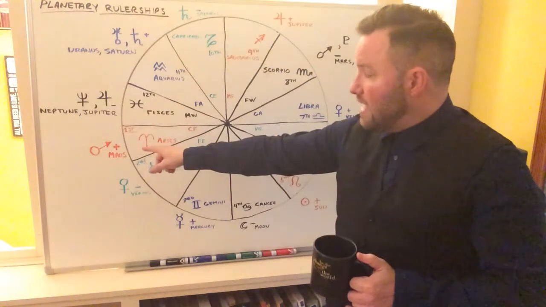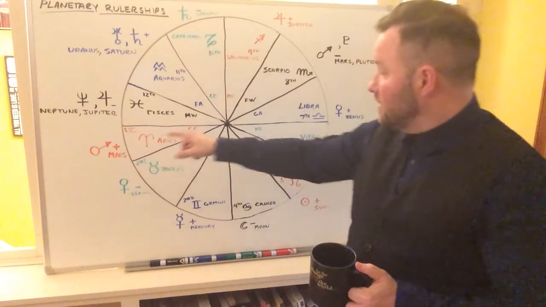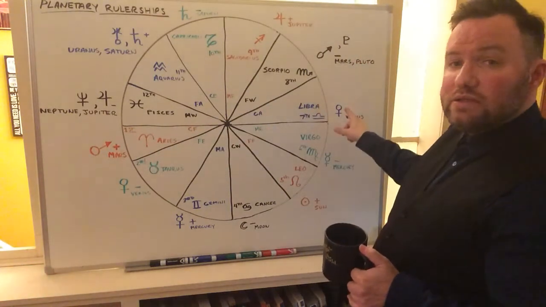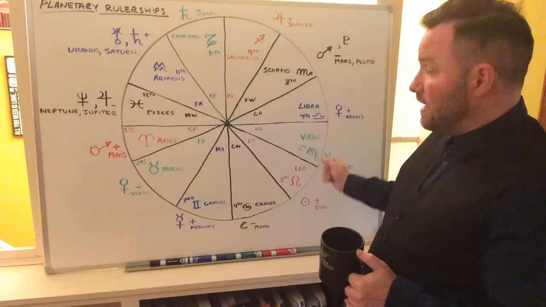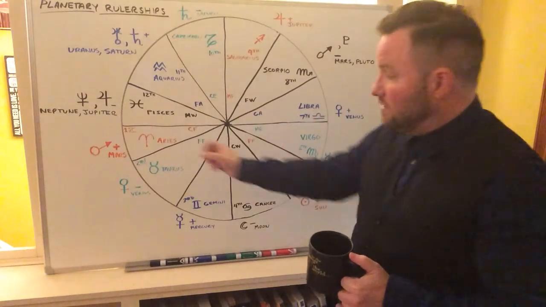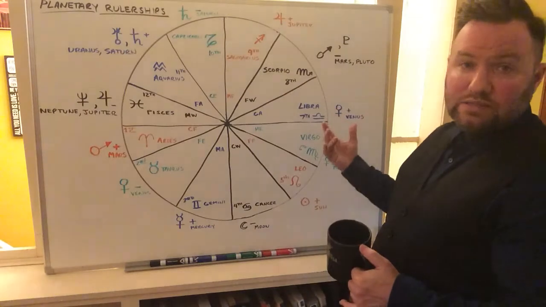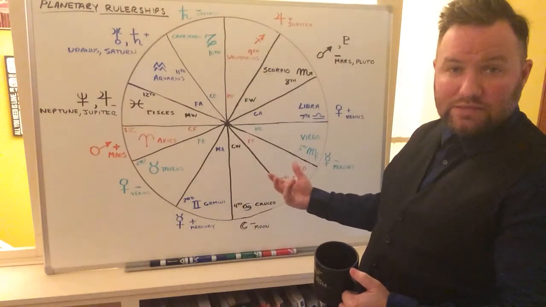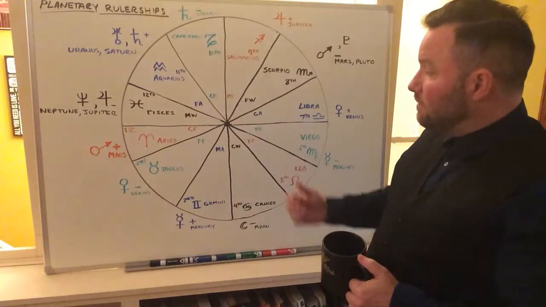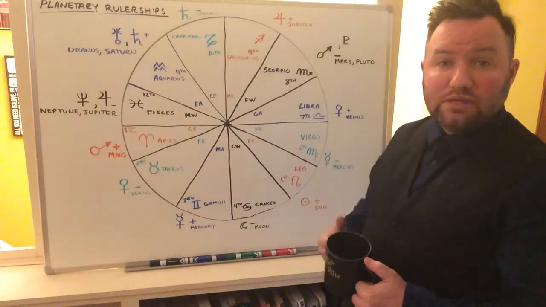So right over here we have Mars ruling Aries. On this side we have Venus, which rules Libra, okay? And they oppose each other. This could be characterized as war. This could be characterized as peace, okay? Does that make sense?